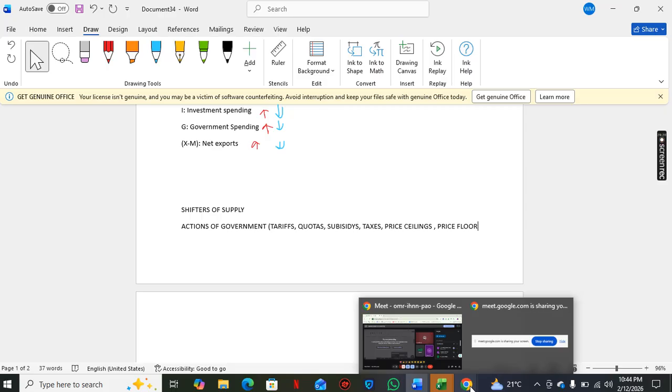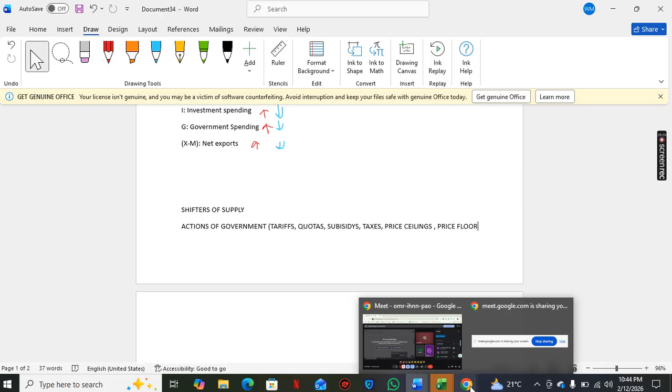So yes, the price floor can boost aggregate supply. Then the price ceiling is the one which benefits the consumers, and this one can affect aggregate supply. Because remember, with the price floor, the result is a surplus of goods.